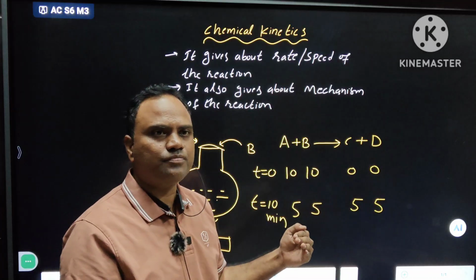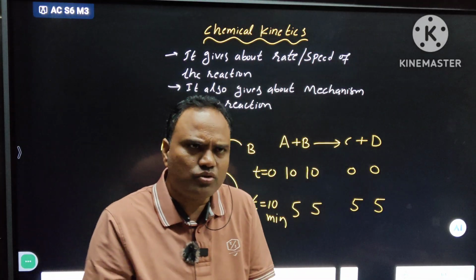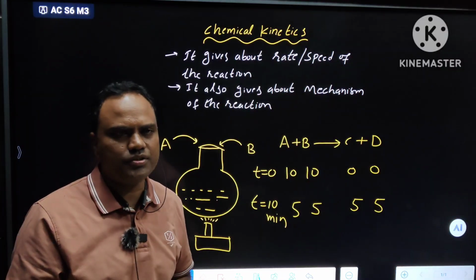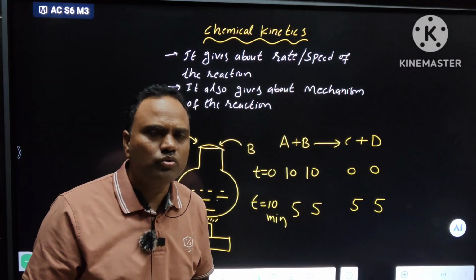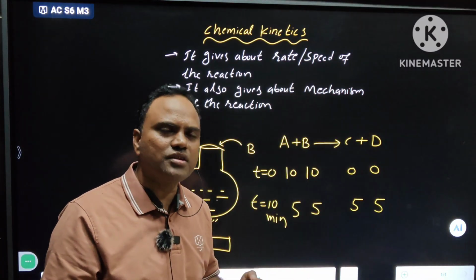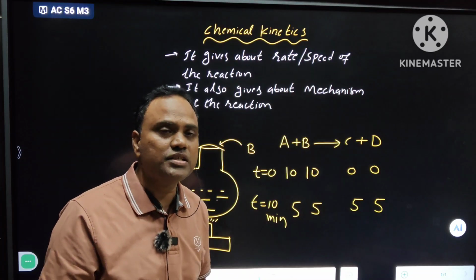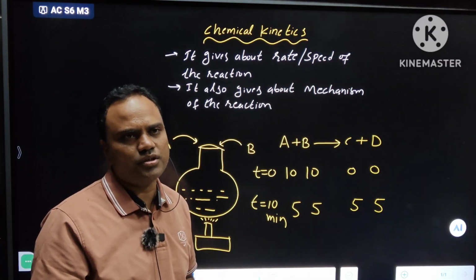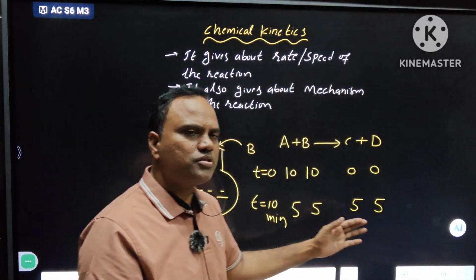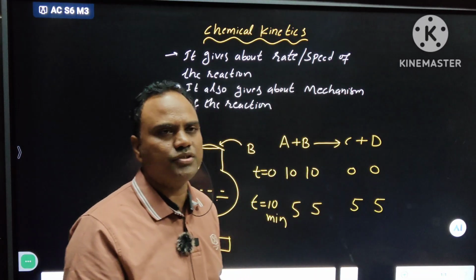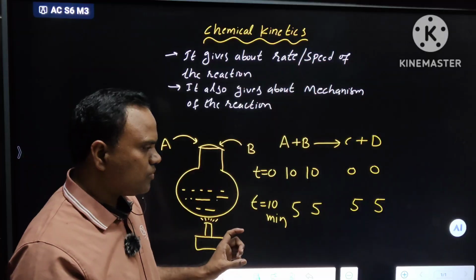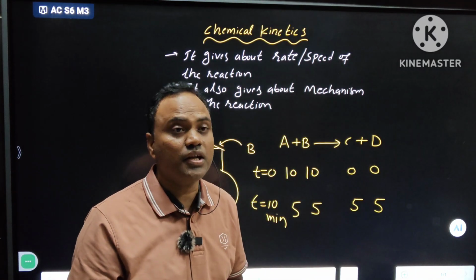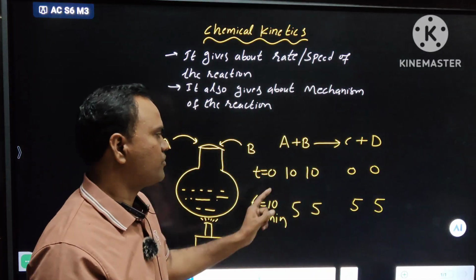At the beginning, at the starting of the reaction, the reactants concentration is more. As time proceeds, the reactants concentration slowly decreases and the products concentration slowly increases. Now you tell me, whose concentration is decreasing as time proceeds? Reactants concentration. Yeah, and the products concentration is increasing. Clear? So can we use this word change in the concentration? Yes.